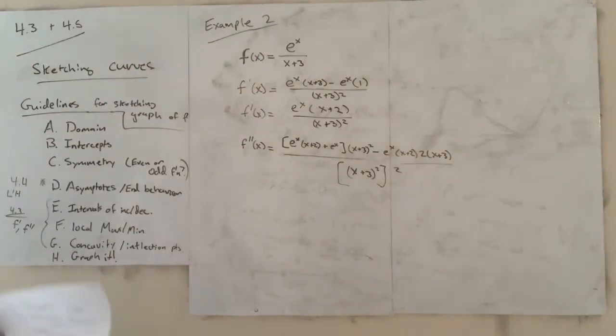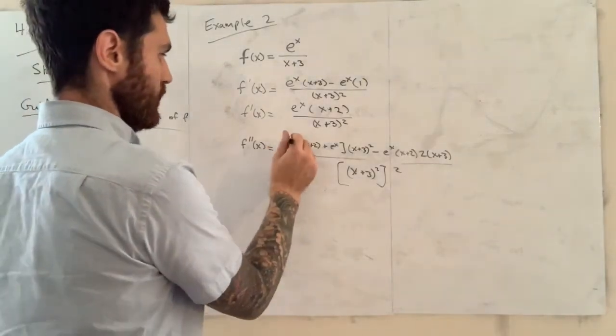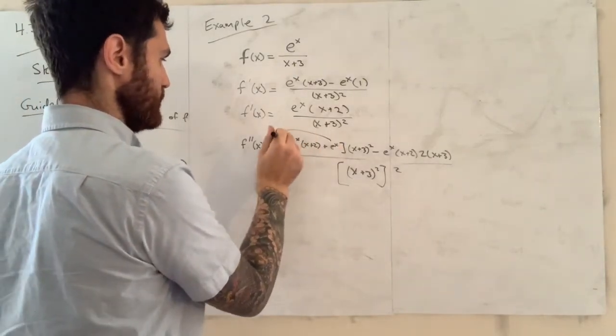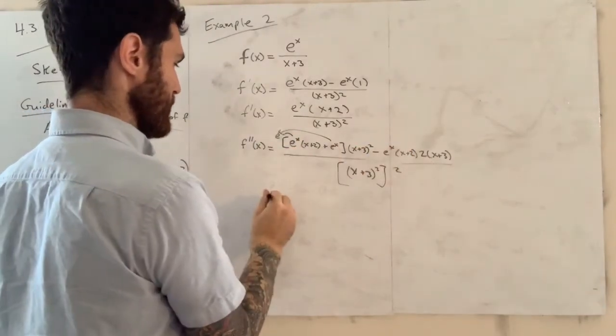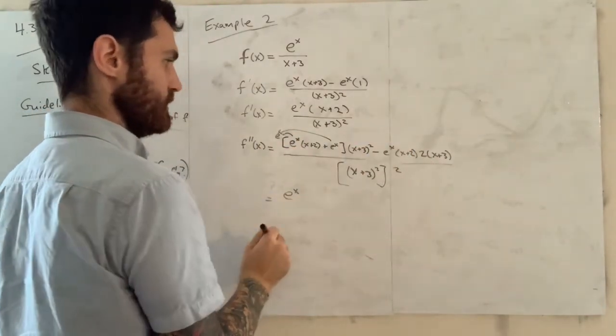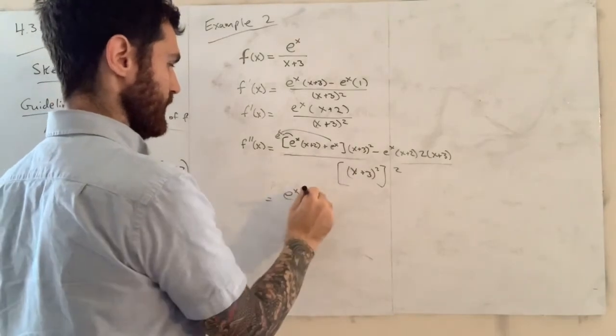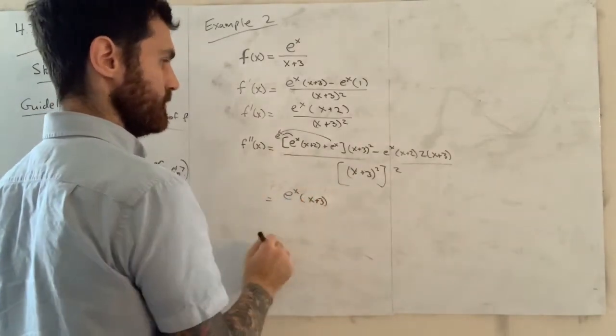Okay, so what do we do here? I'm going to factor out an e to the x from both of these. And I'm also going to take out an x plus 3.